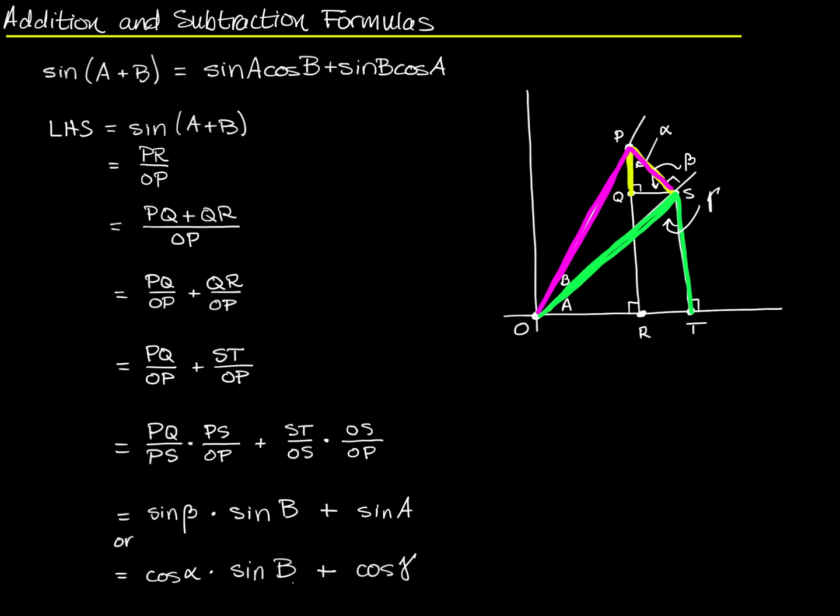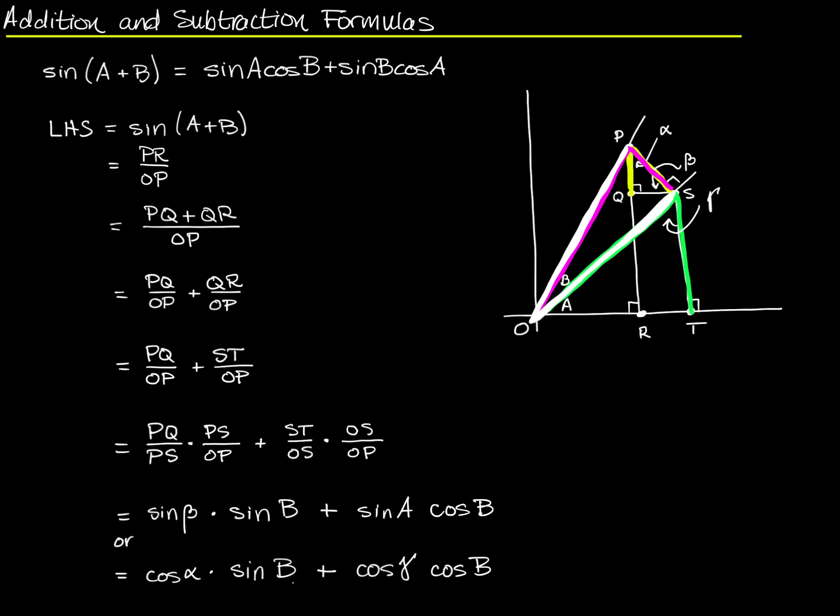And now I want to multiply that by OS over OP, and that is, let's see, it looks like it has a B, it would be the adjacent over the hypotenuse for angle B, so it's the cosine of B, or it would be the sine of this angle. So again, I'm not going to interpret that one a different way. It's too messy.